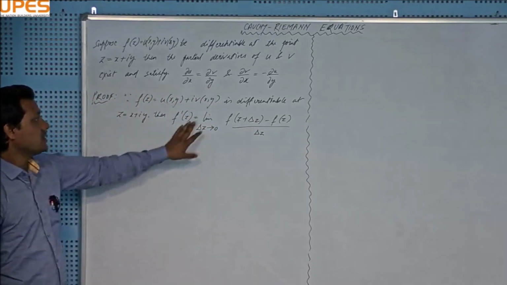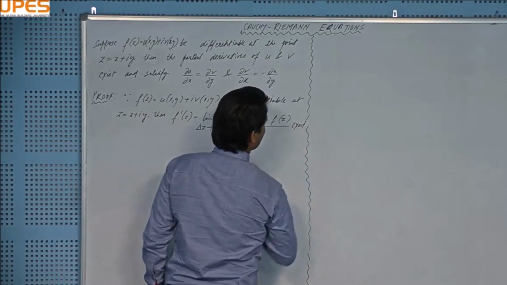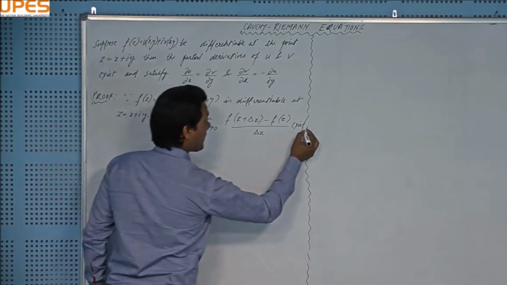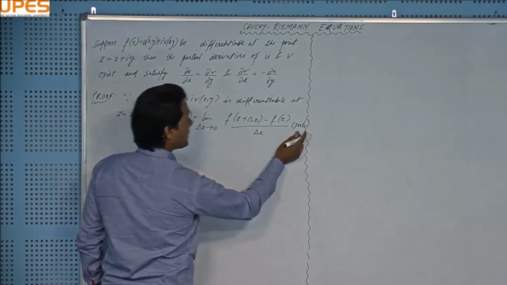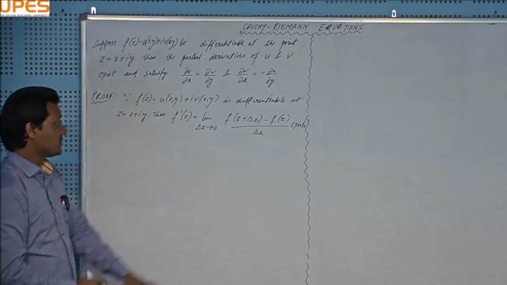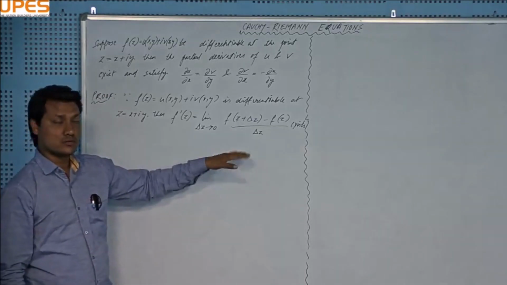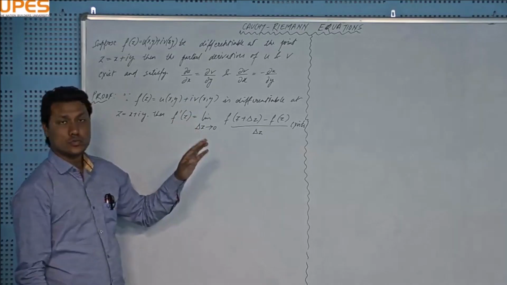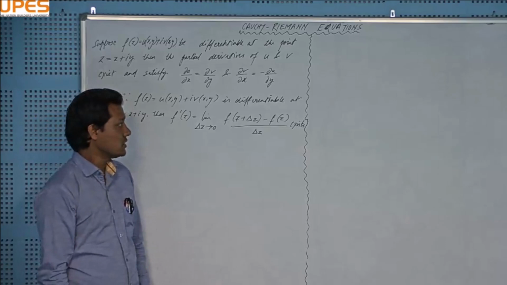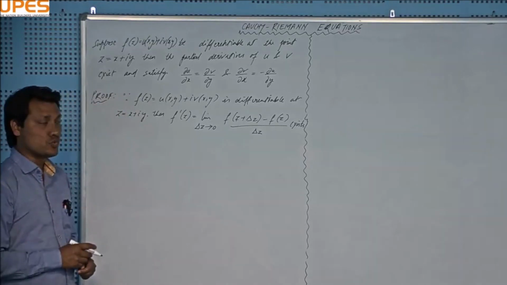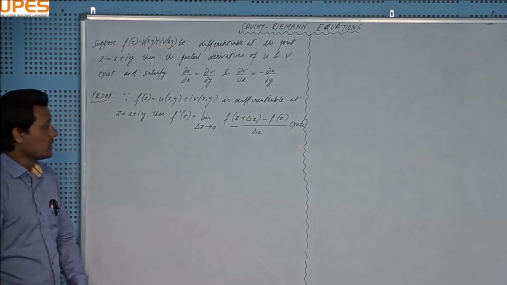Because it is differentiable, this will exist. And by writing that it exists uniquely, we mean that the limit of this function exists along any curve through the point z, meaning the value is always the same regardless of the curve you choose which passes through this z, as we discussed in our last video, right?